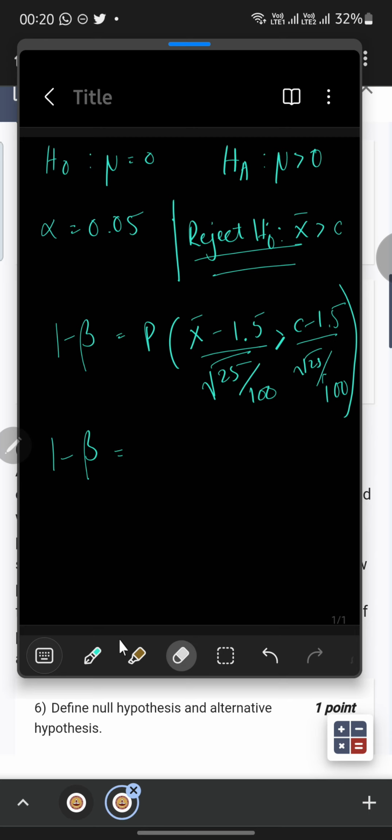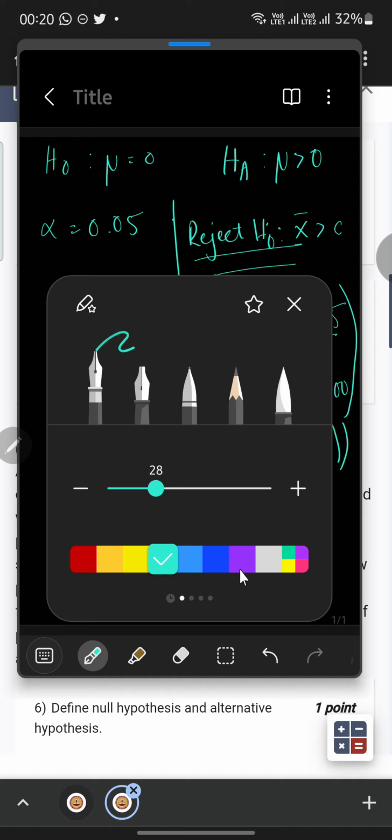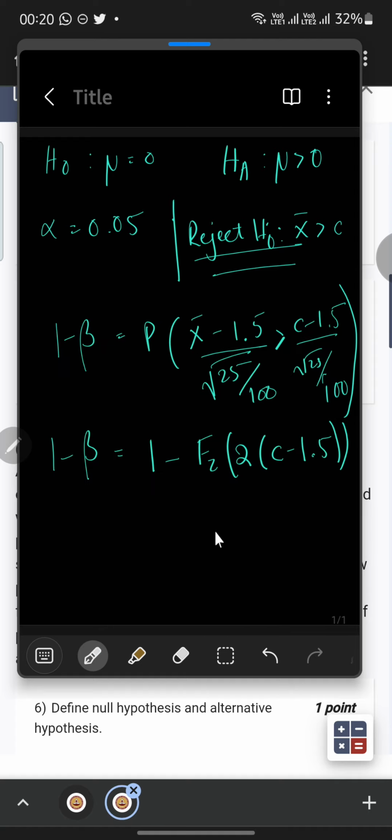Rather than c, we will be writing c minus 1.5. Do you understand here? I hope this wasn't a long jump. Let me just explain. Basically I wrote this part as z first, right? I hope you agree with me here.